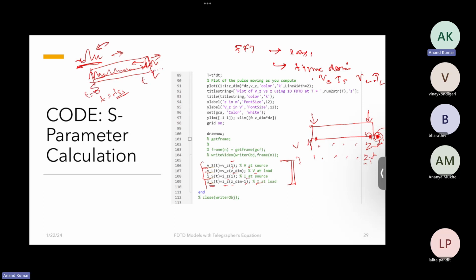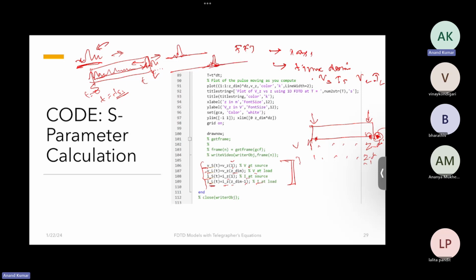So if you look at the time domain data at the source, you will see that after some instant there was a sinc source which was generated at the source, and at the load you will see that after some instant some voltage signal had reached the load.